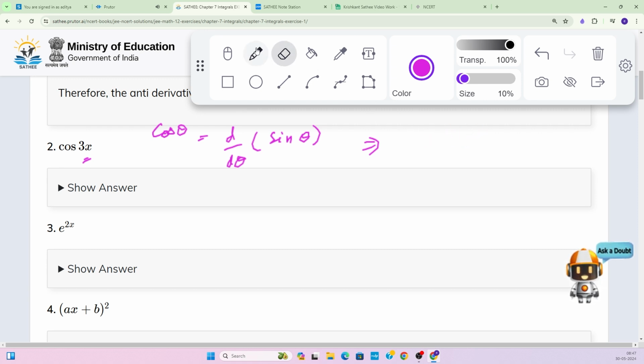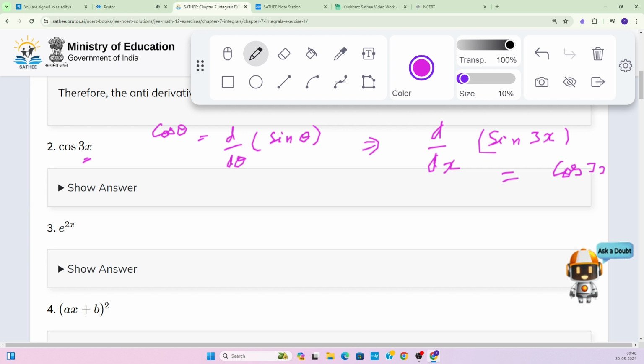So it will be d by d theta, and we are taking theta as x. Now it will be d/dx of sine 3x. Then the answer for this will be what? Sine gives me cos, just cos 3x.